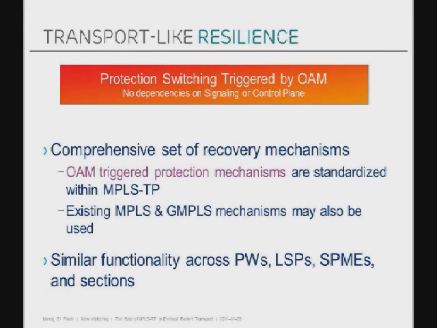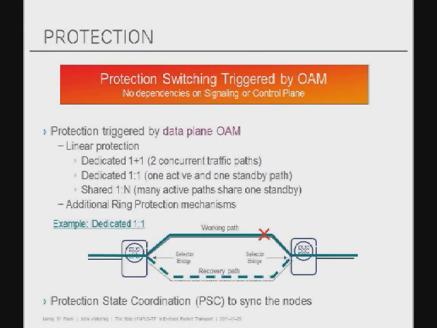This works in a very similar fashion for the pseudo-wires as well as for the LSPs as well as for a subsection of LSPs. And basically it is as simple as it is shown in the picture.